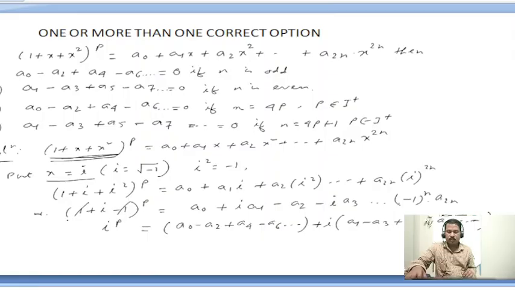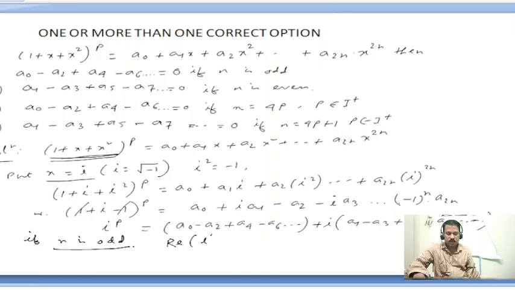Now look at this. Here if n is odd, then real part of iota whole to the power n equals to 0.